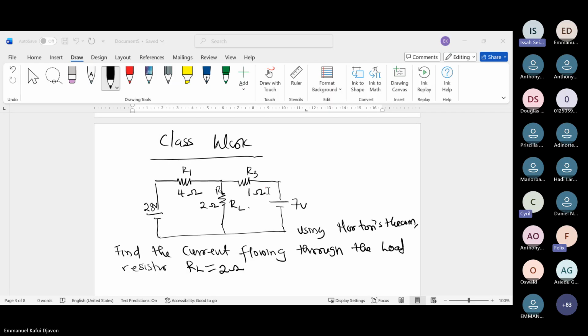So the I is 2. And where will the R, the resistance, be? 0.57. Why 0.57?